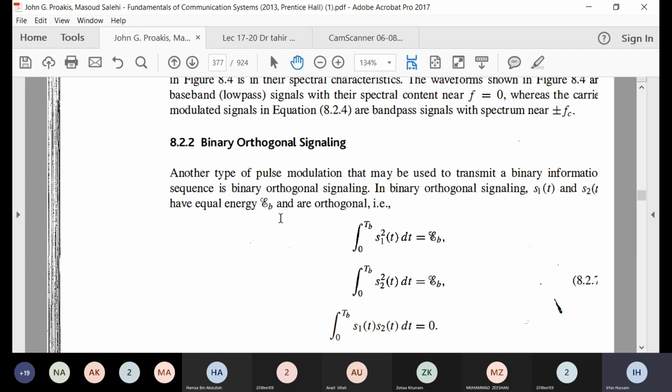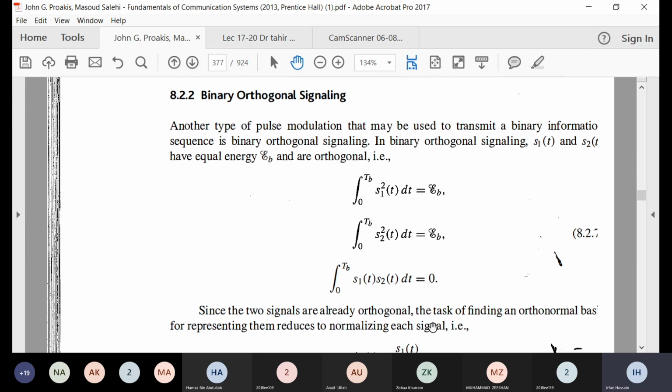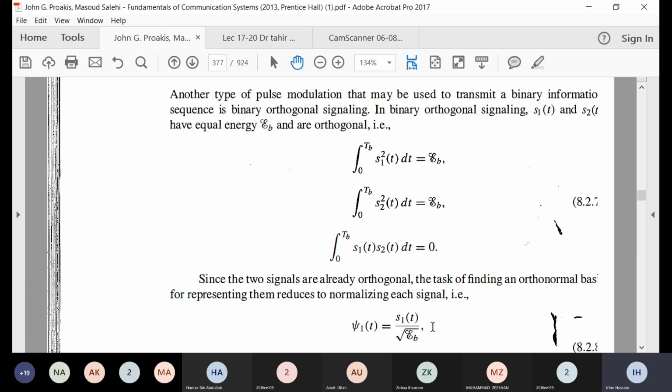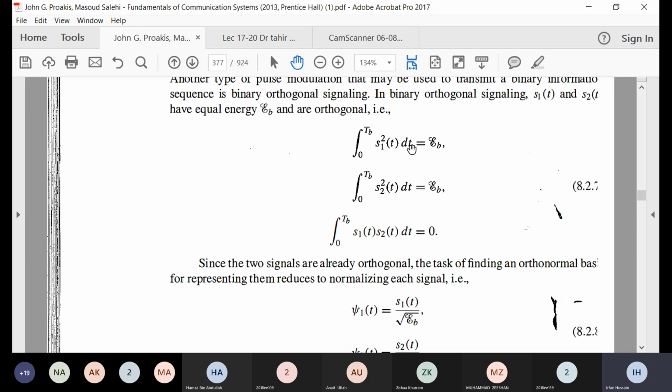Energy of S1, S2 will be again the same. Let us say it is EB. You can calculate its energy if it is not known. And then they are orthogonal. Orthogonal means that the inner product of S1, S2 is 0. This means that you will now require two orthonormal bases, not one, as was required for antipodal schemes. For amplitude shift keying it was different, because here the two vectors are orthogonal.